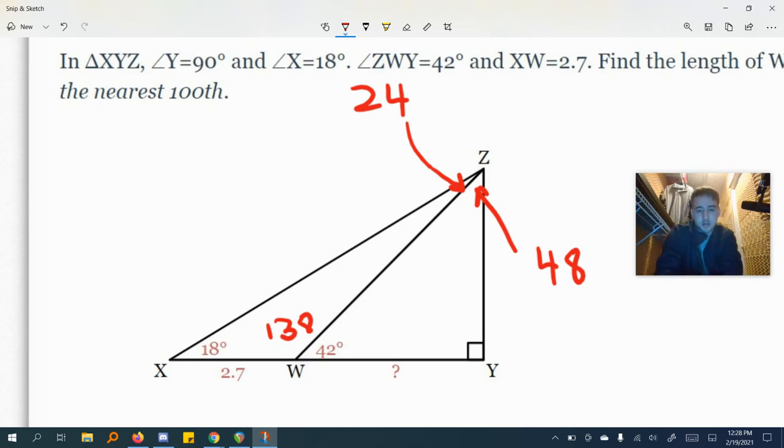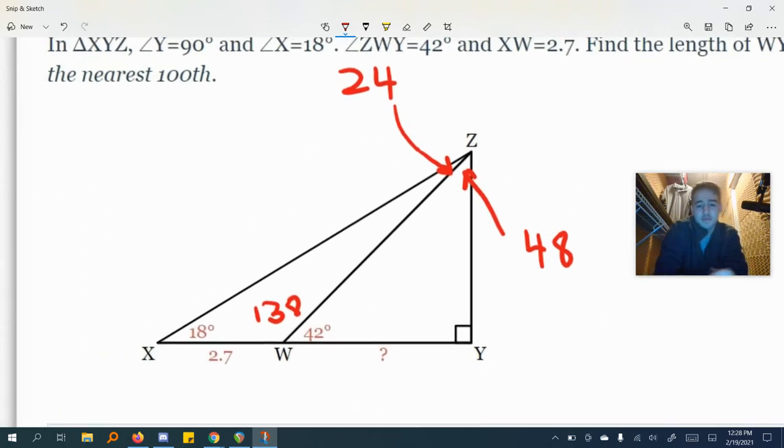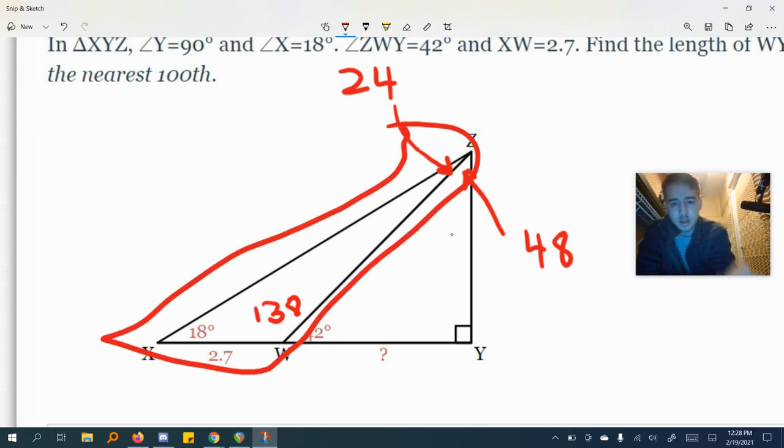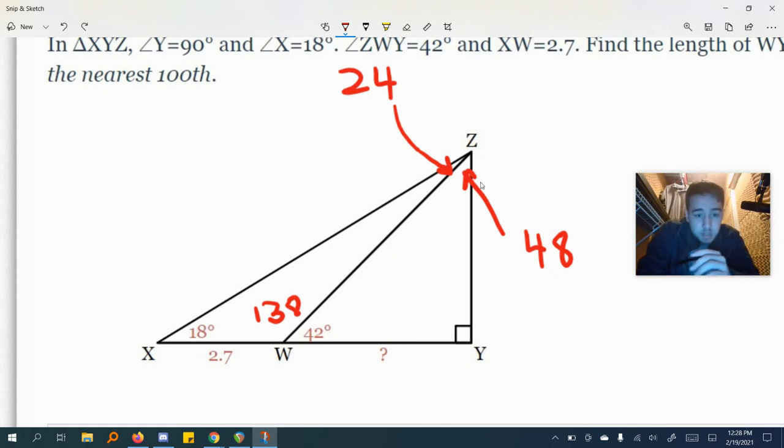So what we are going to do now is we want to find the length of WY, and in order to do so, we are first going to have to find the hypotenuse here. That'll be the easiest thing that we can do. And in order to find this hypotenuse, we can use the outside triangle here and use, just a moment, let me double check what I'm looking at here.